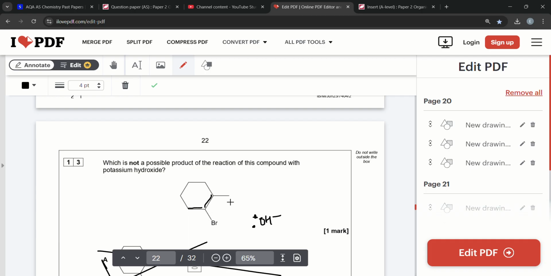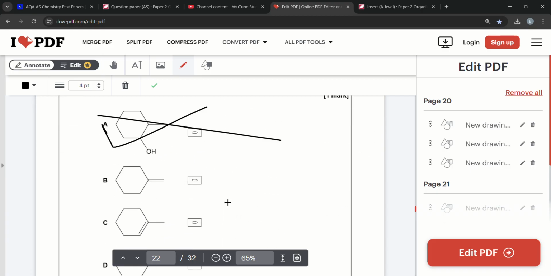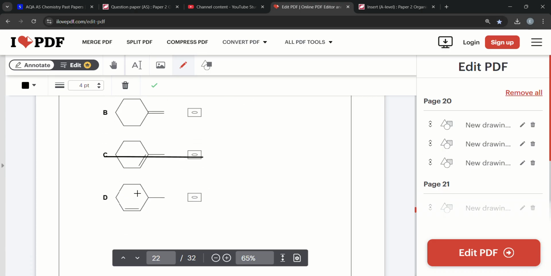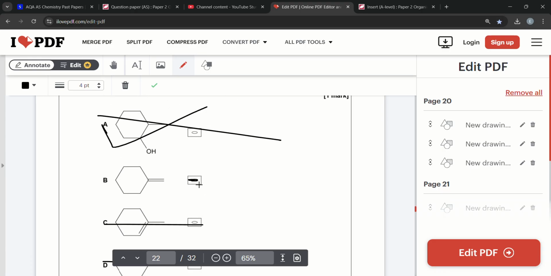You can never get the double bond here, because if you go here and form the double bond here, or you go here and form the double bond here, but you can't go here and then form the double bond here. It doesn't work like that. So C is definitely correct. Same with D. B is incorrect.